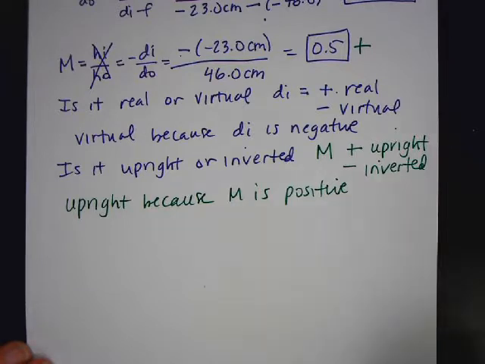And this was the perfect problem to do, because this problem goes through every single thing that you have to know about convex mirrors. You see what I'm saying? We're doing all the possible questions.